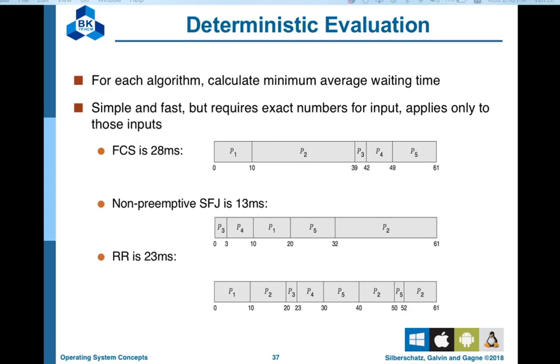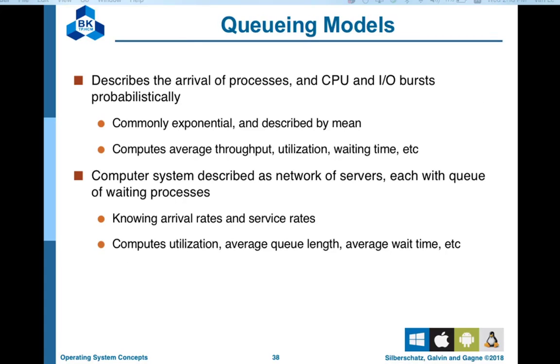The queuing model. The queuing model describes the arrival of processes. It refers to the type of algorithm that we use in the scheduling. For example, if we use FCFS, the queue is just FIFO.